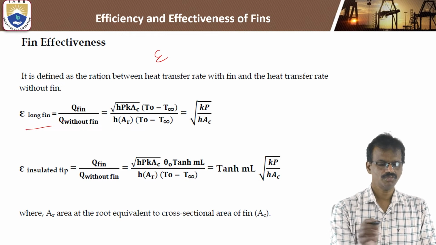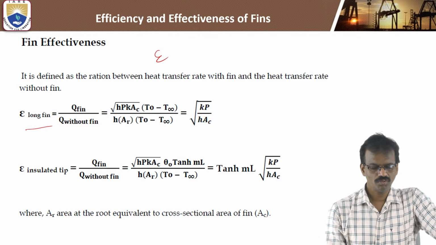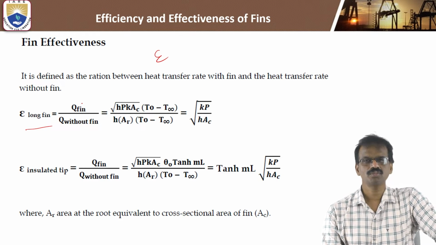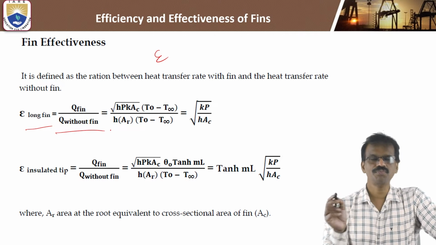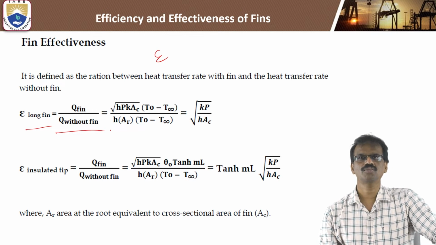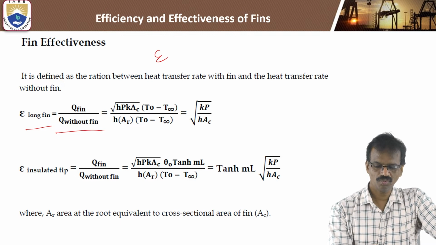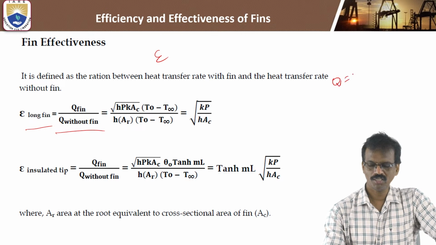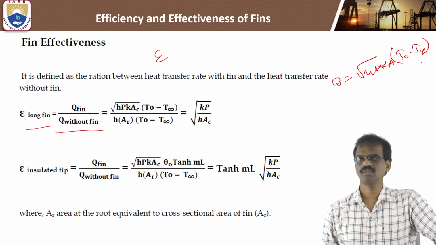The effectiveness for the long fin is equal to q actual fin, the rate of heat transfer in the specified fin for the long fin, over q without fin. If you remove the fin, what will happen? The q actual for the long fin, the formula you already derived, is the square root of hPkA times theta naught, where theta naught is T0 minus T infinity.